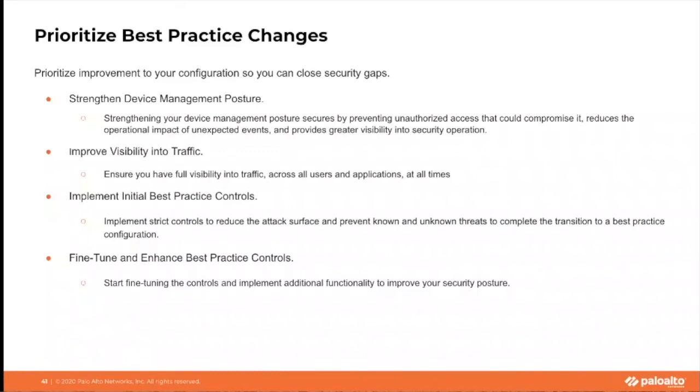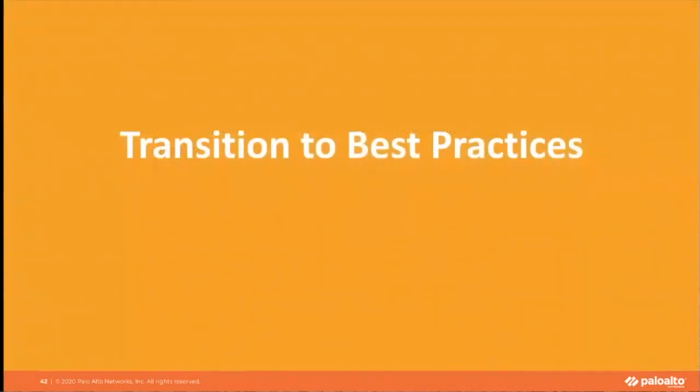After you implement the control over your network traffic, application, and content, implement additional functionality to improve your security posture. Fine-tune your controls and implement additional functionality to improve your security posture. Transition to the best practices.